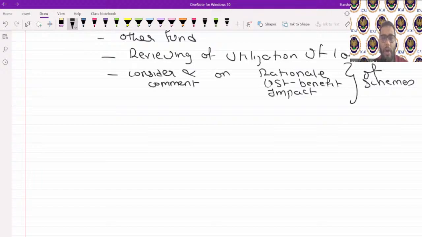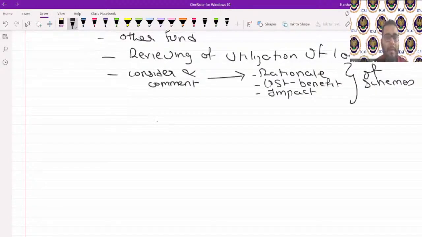When I talk about schemes, it can be merger, arrangement, demerger, amalgamation, and various schemes that can be there.